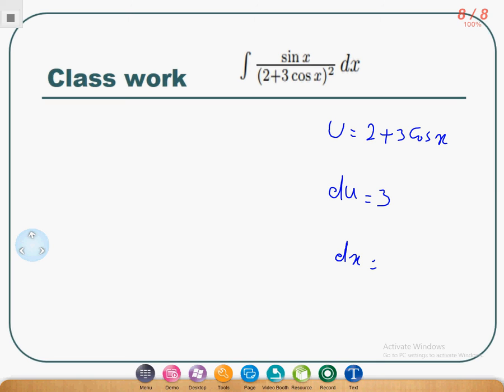And the derivative of cosine, I said the derivative, not integration. It will be negative sine x. Don't forget to put dx. What about dx? It will be du over negative 3 sine x.